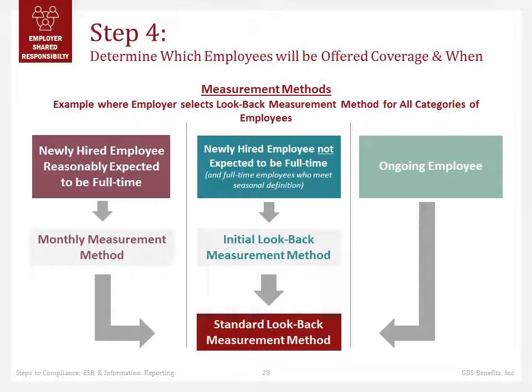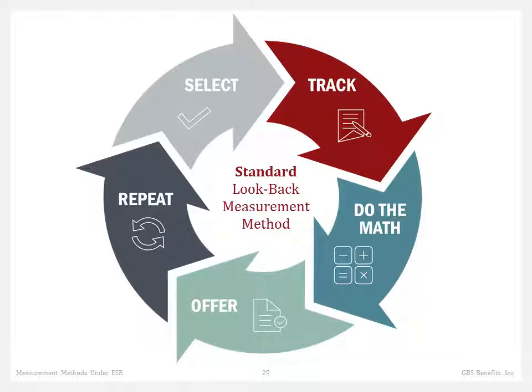And these are the newly hired employees who are not expected to be full-time at the time of hire, and also full-time employees who meet the seasonal definition, and of course part-time employees, anybody else that is not newly hired and reasonably expected to be full-time. They are again at first or temporarily put into the initial look-back and then transitioned into the standard look-back. So we are first going to talk about the standard look-back, and then after we talk about the standard look-back, we're going to talk about the initial look-back.